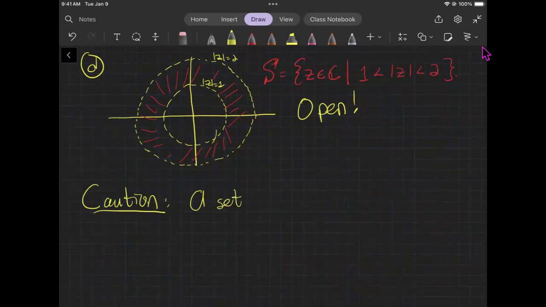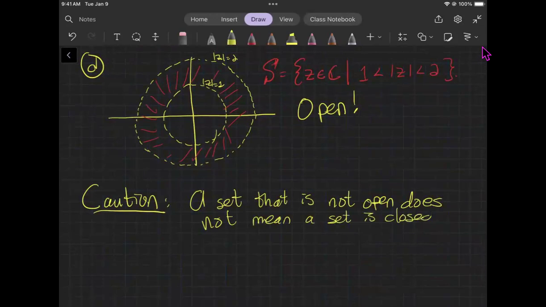A set that is not open does not mean a set is closed. We'll go over a closed set in a second, okay?